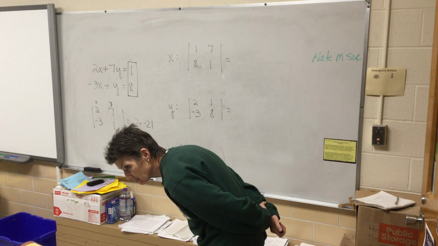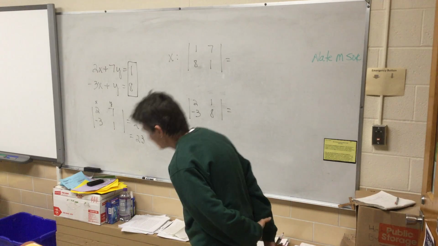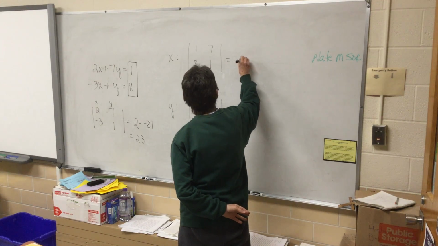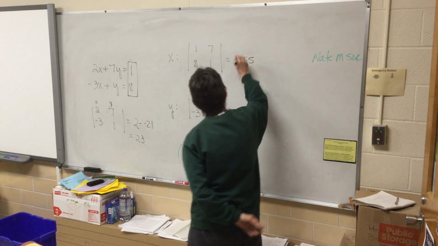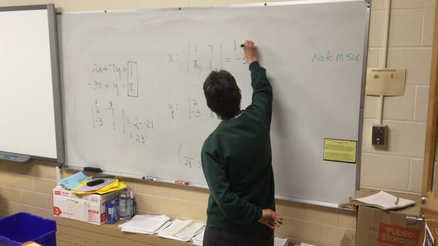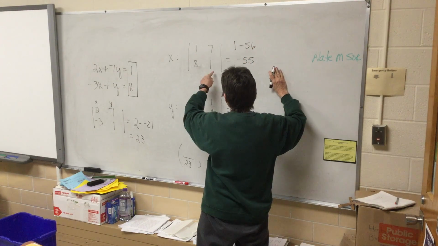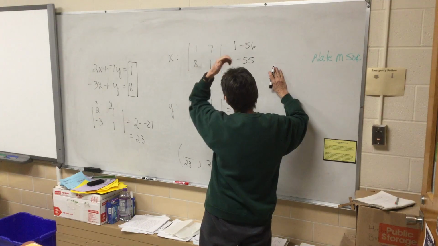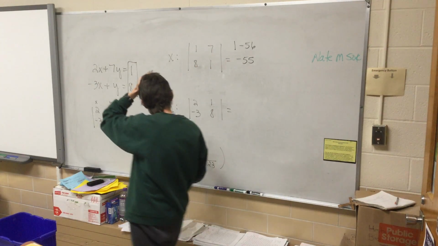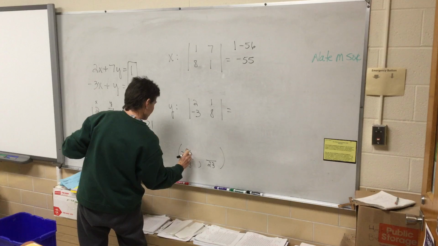Princess, you got one? Negative 55. Negative 55 is right because it's 1 minus 56. So that numerator is negative 55.